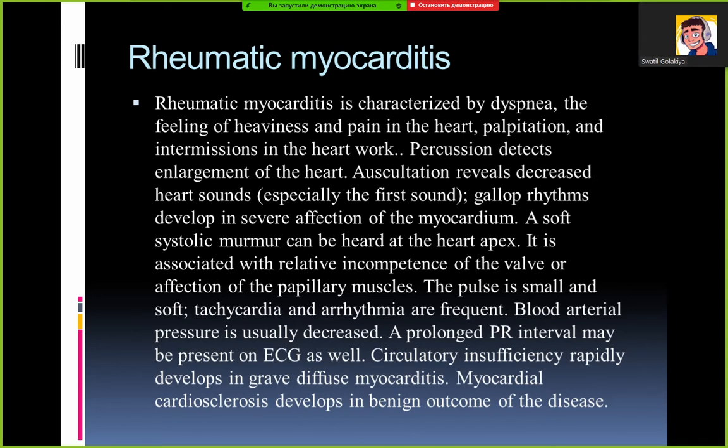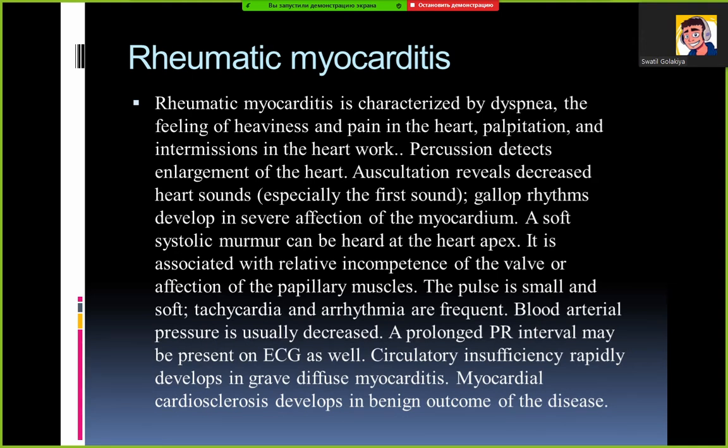It is associated with relative mitral valve insufficiency, so incompetence of the valve or affection of the papillary muscles.